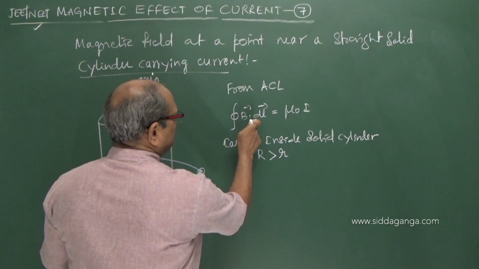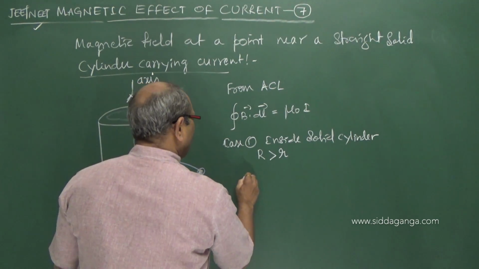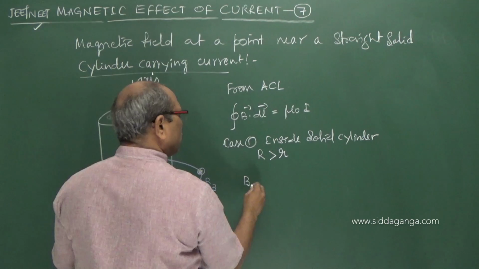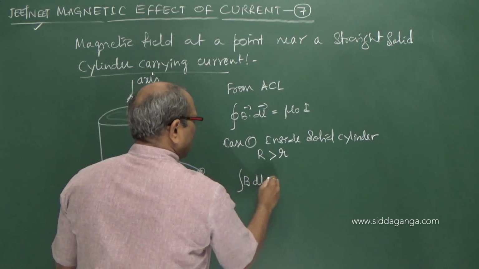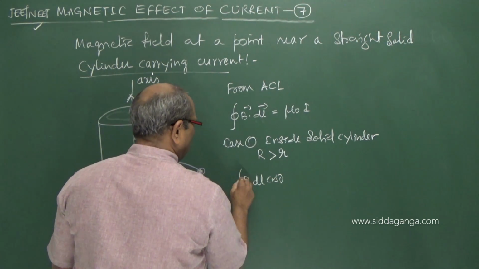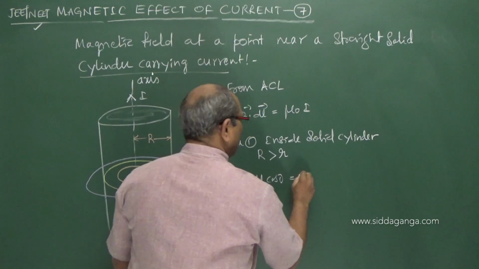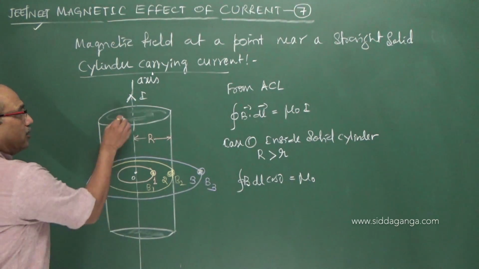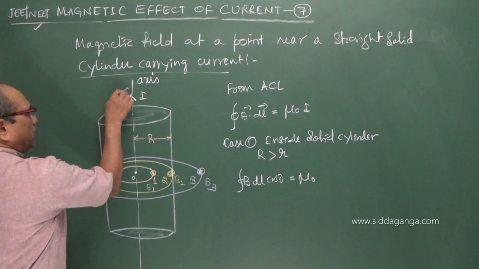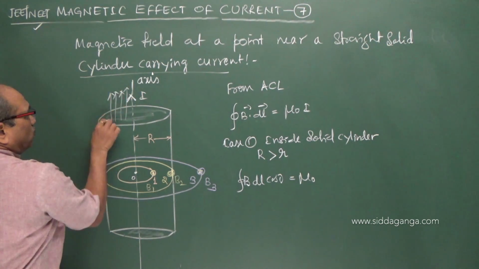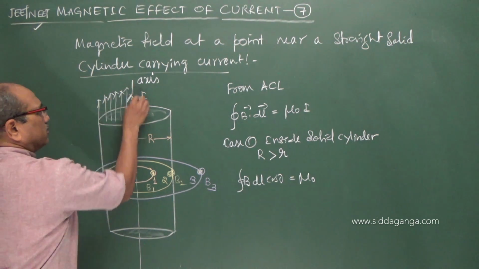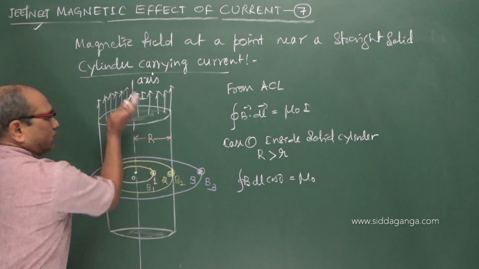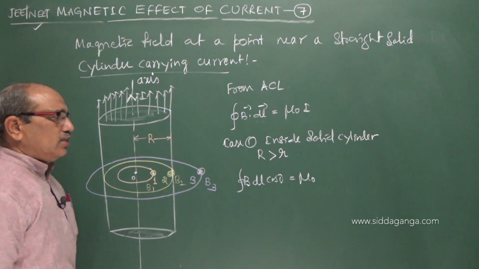Then substituting for this, the path gives B dl cos 0 into mu naught. When I go for the current, I told you there are many current loops. Every point carries current, because there is a drifting of electrons from every part as it is a solid cylinder.